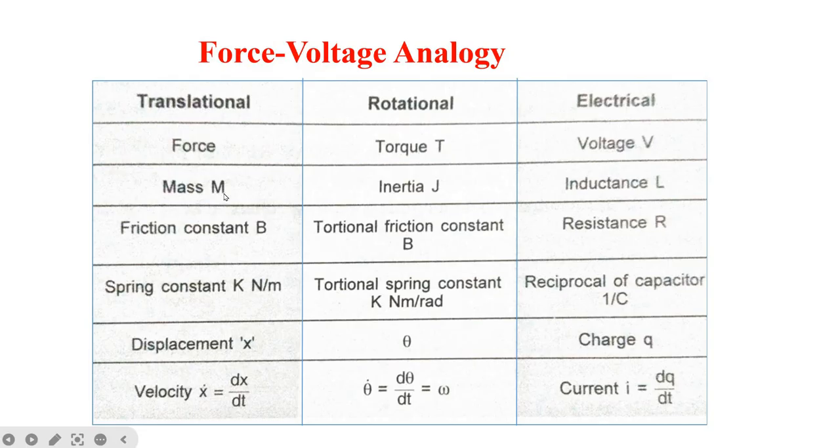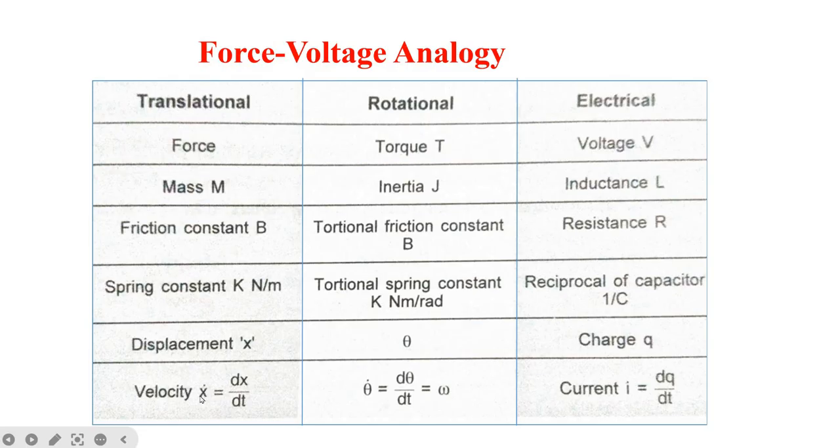Then you have mass and inertia. These are analogous to inductance. Friction in both translation and rotational, you have the same, that is the friction constant. It is analogous to resistance. Then spring, it is analogous to reciprocal of the capacitor. Displacement x and angular displacement theta, these are analogous to the charge q.